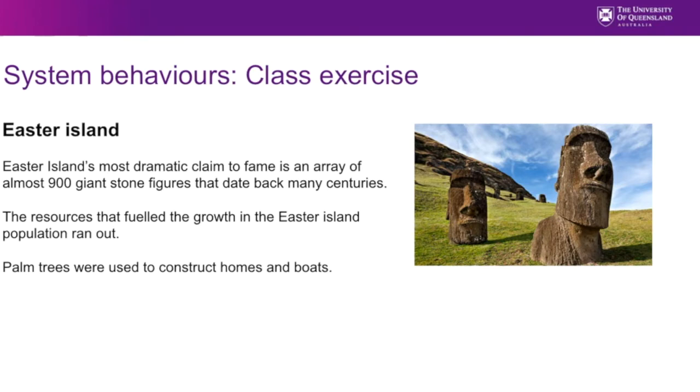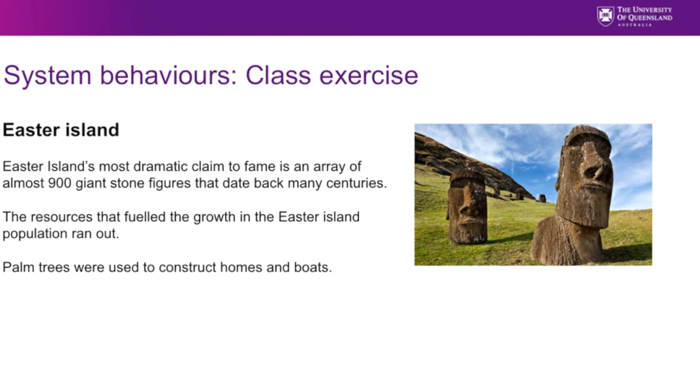So this civilization was there for many years, but the end of the civilization was not clear. The thing that is known is that most of the trees on the island were completely depleted, and it is believed that palm trees were used to construct homes and boats.